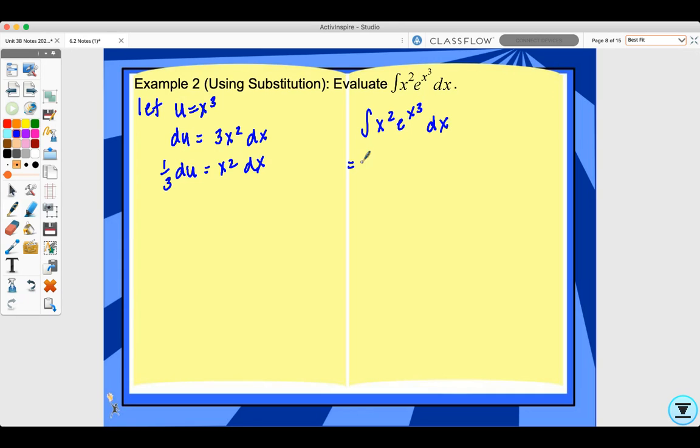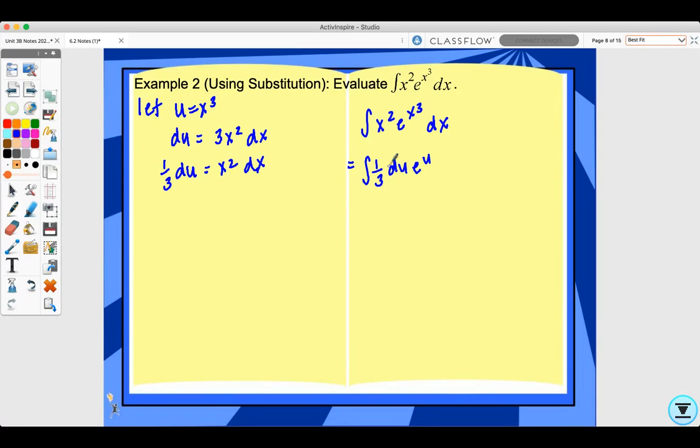Therefore, this integral would now become, based on my substitutions, 1/3 du times u, or e to the u. So 1/3 du was for the x squared dx, and then x cubed became u.